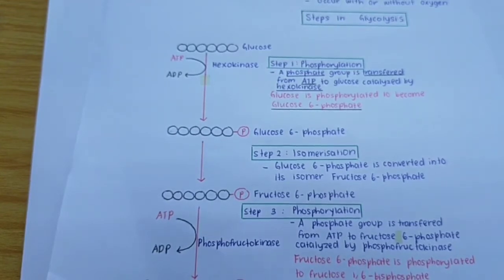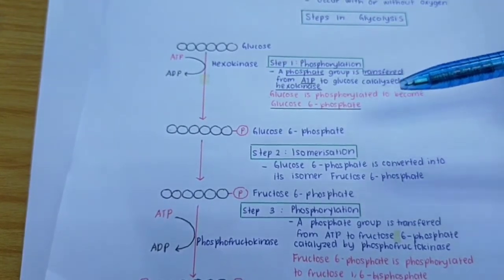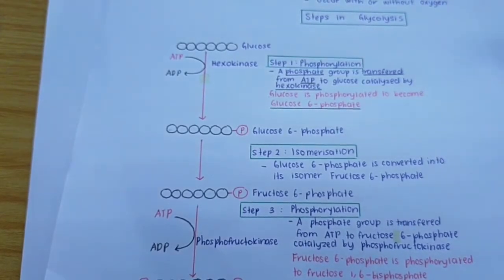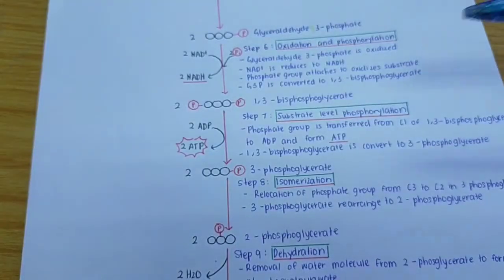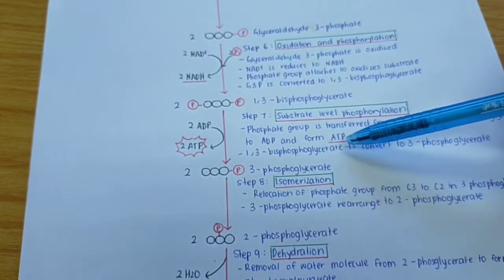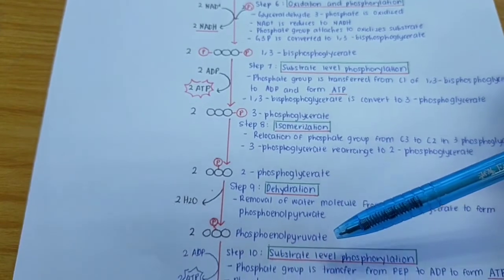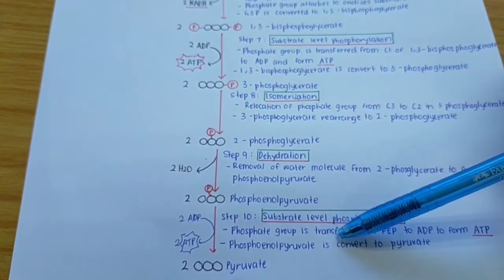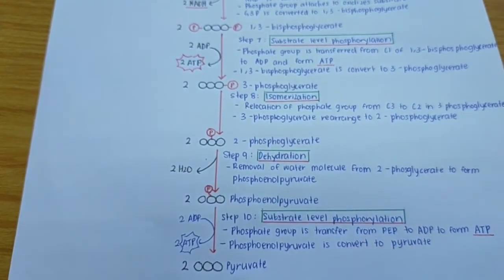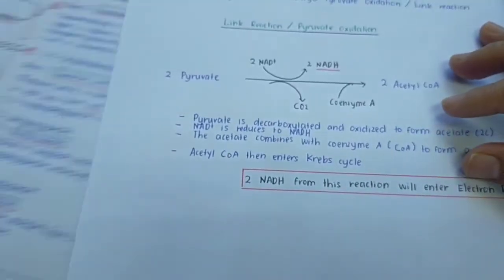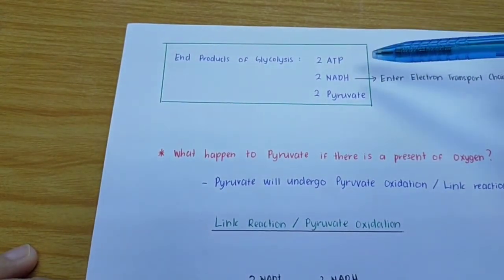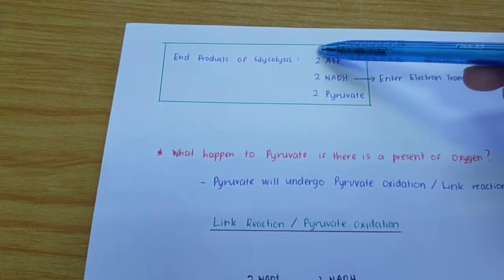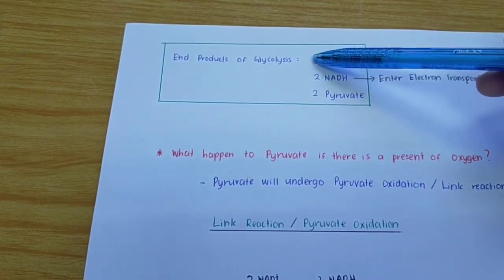So since kita gunakan 2 ATP pada step 1 dan juga step 3, so kita kena tolakkan jumlah ATP yang ada. So dalam glycolysis kita hasilkan 2 ATP daripada substrate level phosphorylation pada step 7, dan juga 2 ATP daripada step 10. So that's why the net ATP production in glycolysis is 2 ATP.